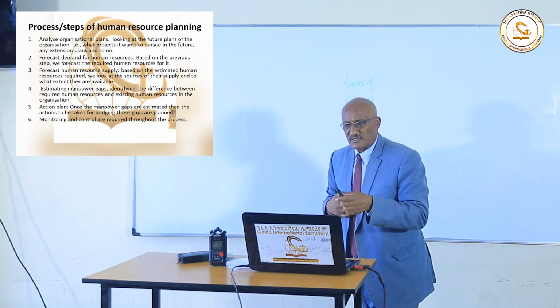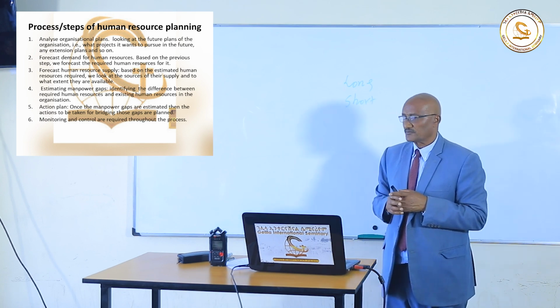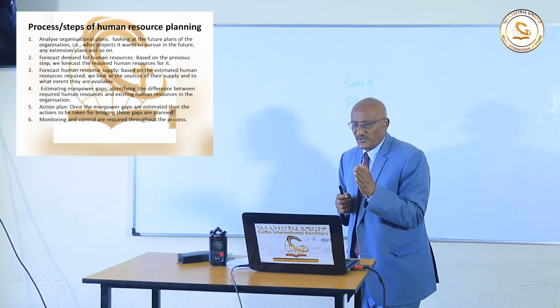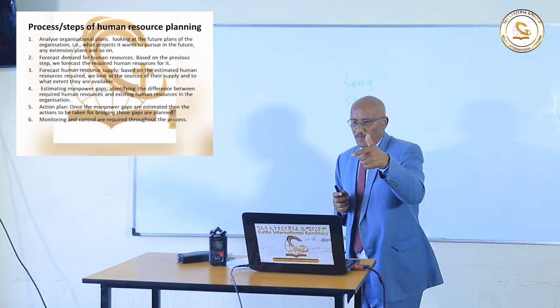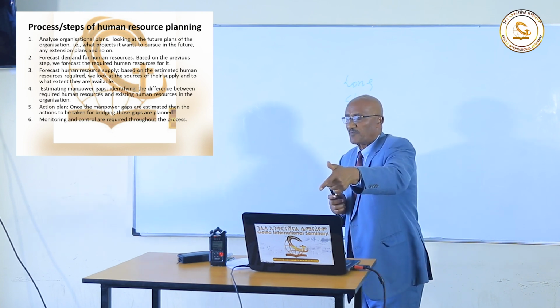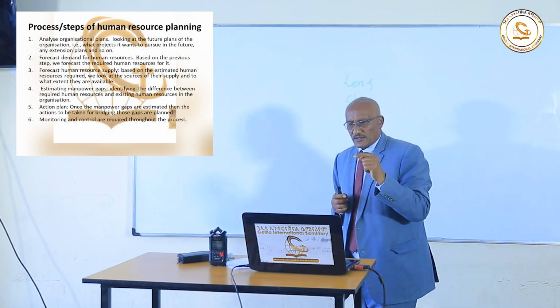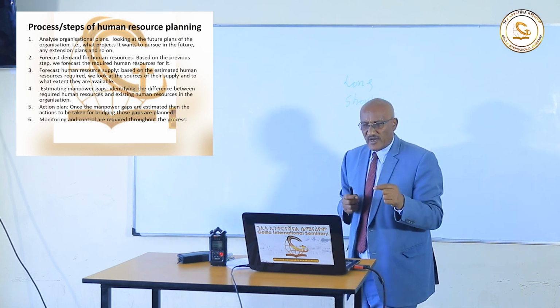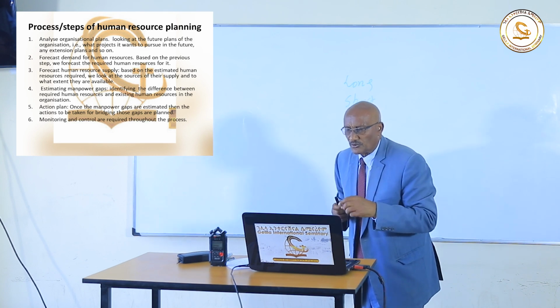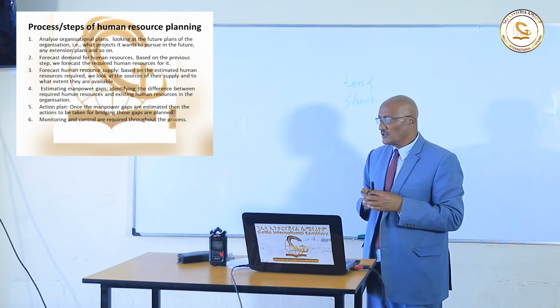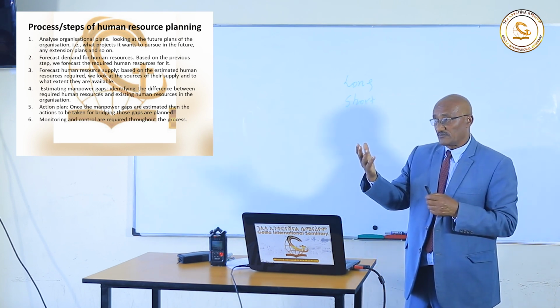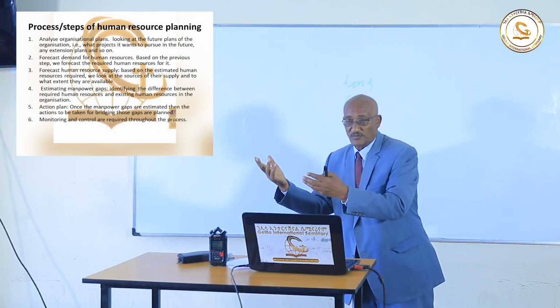Second, forecast demand for human resource. That means based on the previous step, which is step? Analysis of the organizational plan. Estimated human resource required. We look to sources of their supply. You estimated the demand of the people.